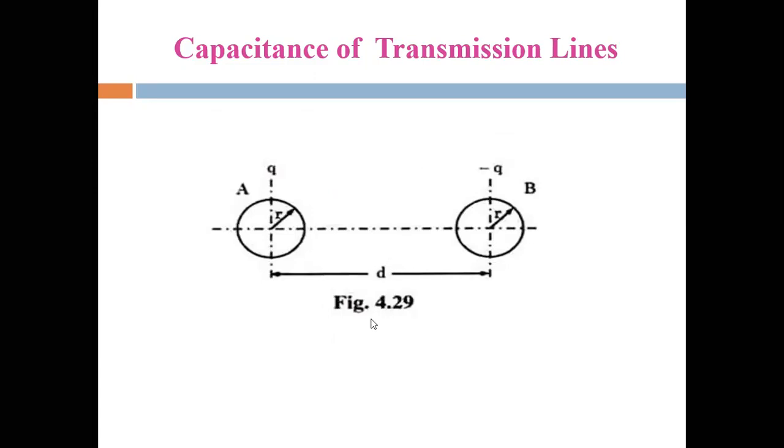In the previous derivation we had n conductors, which is why we added the potential differences up to n. In this case, we are taking only two parallel conductors, displaced at a distance of d meters.